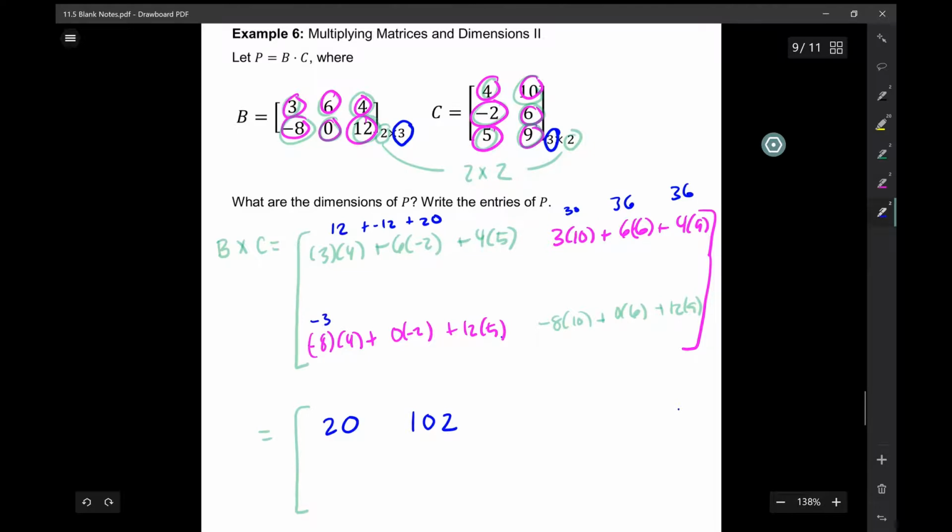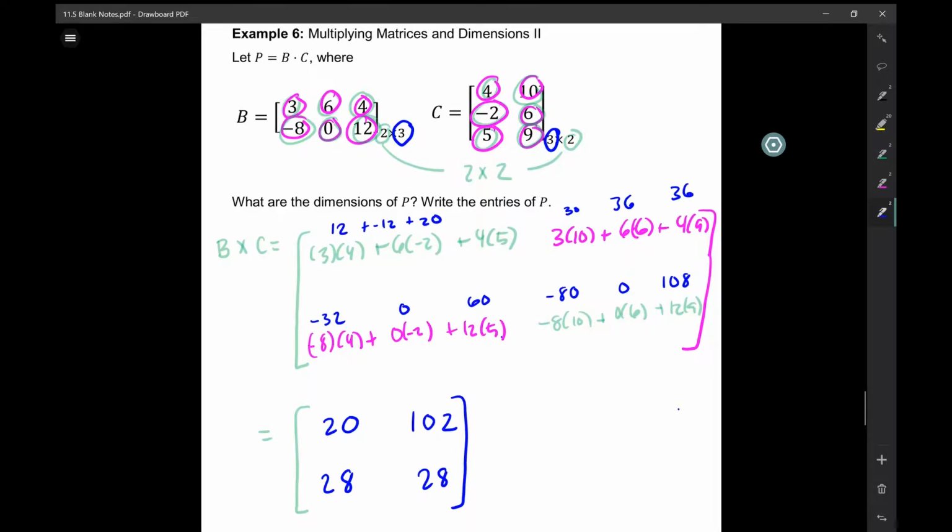This is negative 32, this is 0, and this is 60. 60 minus 32 is 28. And finally, negative 80, 0, and 12 times 9 is 108, right? I believe so. And so 108 minus 80 is 28. There is our product, B times C.